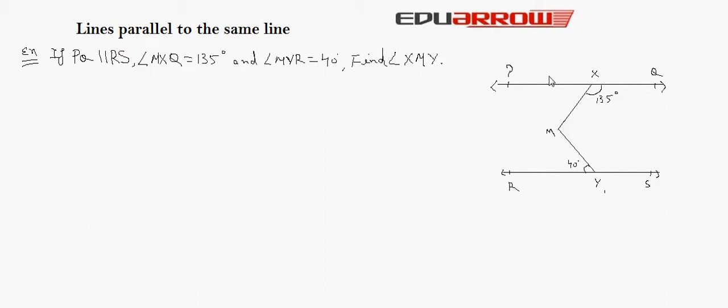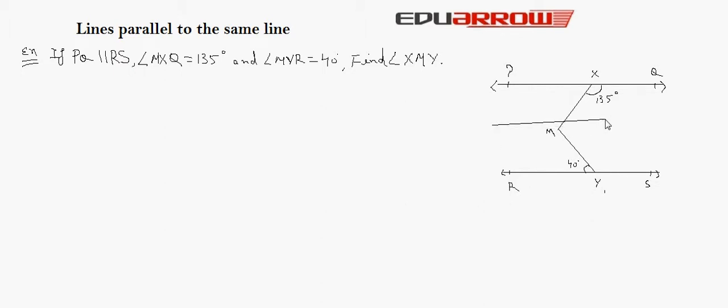Now let's do another example. It is given that PQ is parallel to RS and angle MXQ is 135 degrees and angle MYR is 40 degrees. We have to find angle XMY.